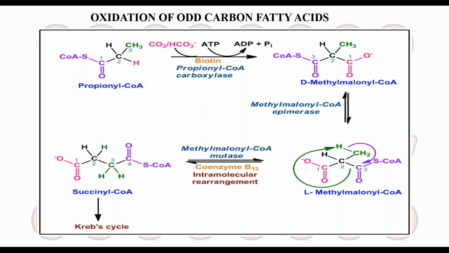Propionyl CoA directly cannot enter the TCA cycle, so it undergoes a separate series of reactions which is visible on the screen to you, and it forms succinyl CoA. This succinyl CoA can then enter the Krebs cycle and it can give you energy. Okay, so Krebs cycle, the main aim is to give you energy.